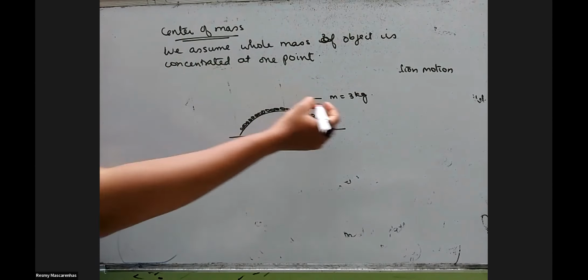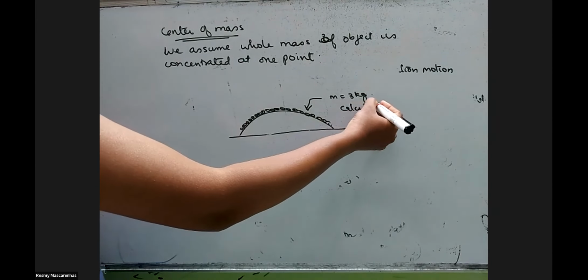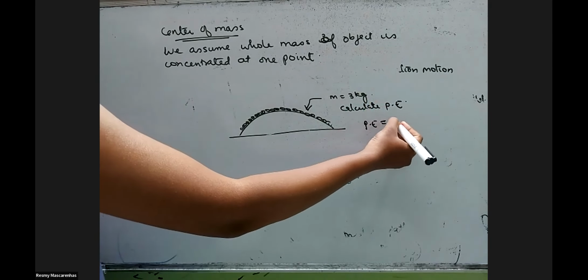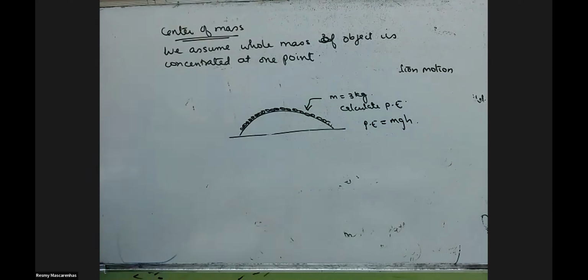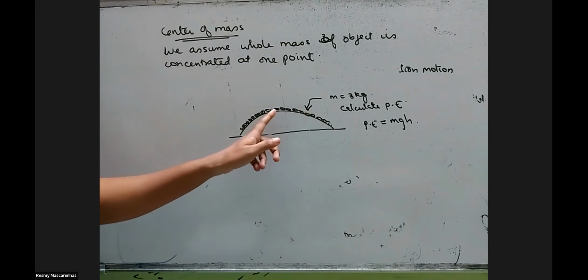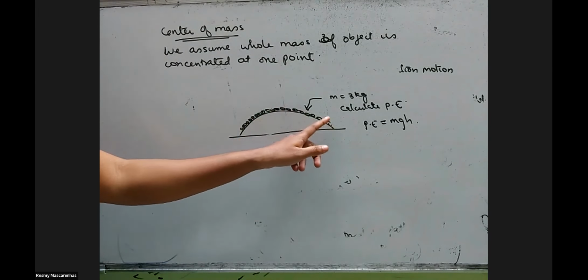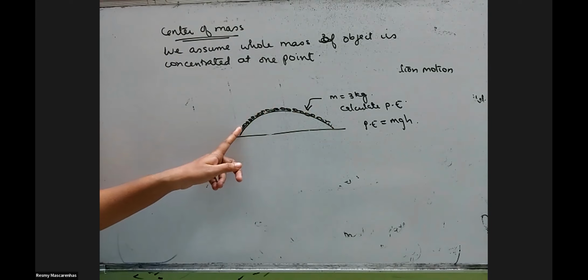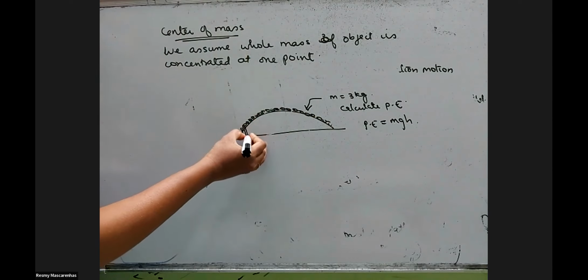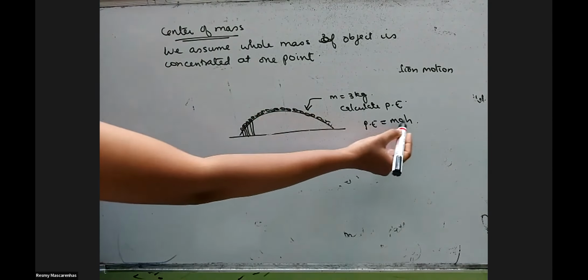Calculate the potential energy. The potential energy formula is mgh. Now this is a distributed mass. It is not 3 kg only at the center, it is distributed at every single point. So at which point do we calculate? You could use integration, dividing this into small parts, but otherwise which height will you take?